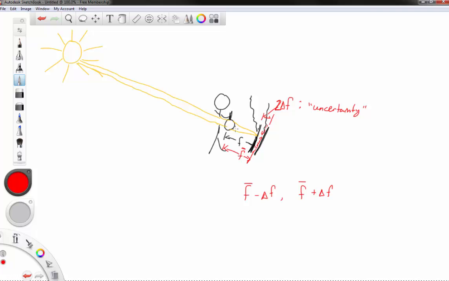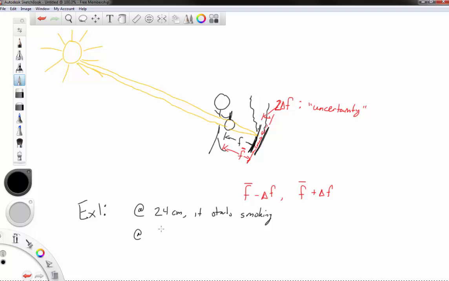So let's say, as an example, you have your board, and at 24 centimeters it starts smoking. So 24 centimeters away from the lens, it starts smoking.